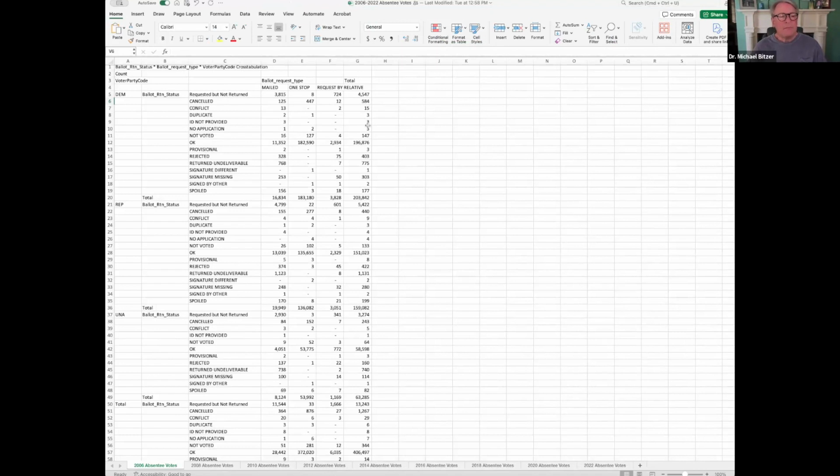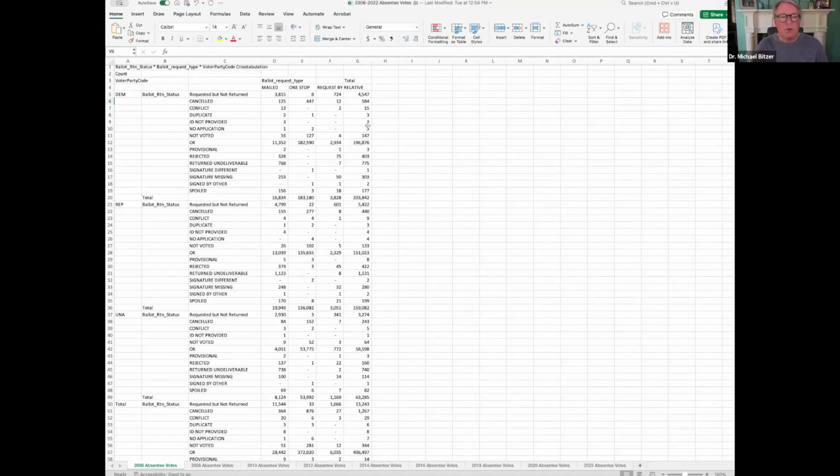Unless you're working with a statistical package like SPSS, SAS or R, I would be very hesitant to try to crunch this data in Excel, because these files are so large that it will literally crash the program. So I do everything in SPSS and then drop it into Excel.